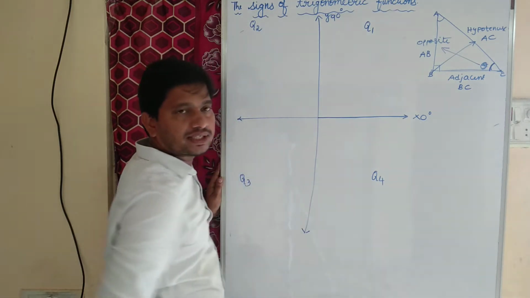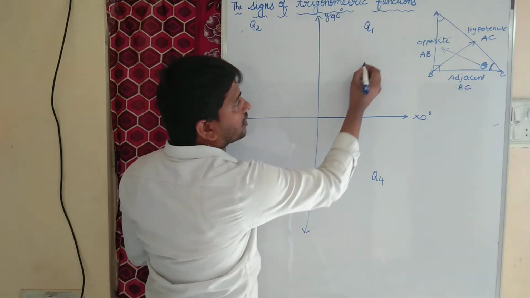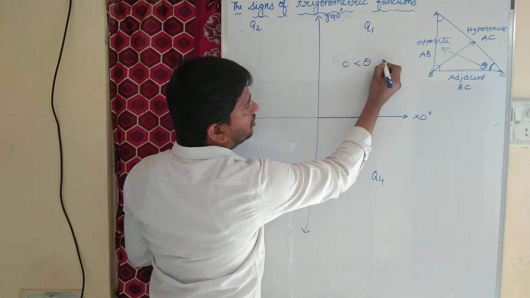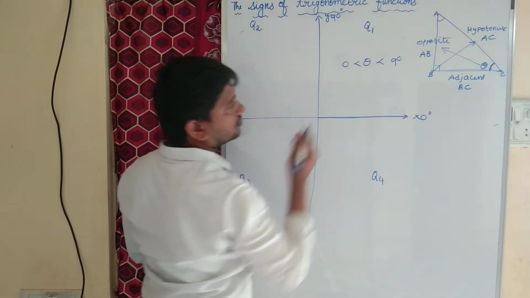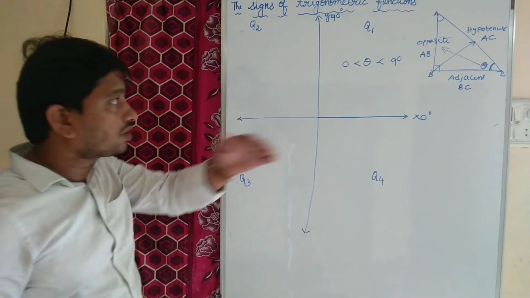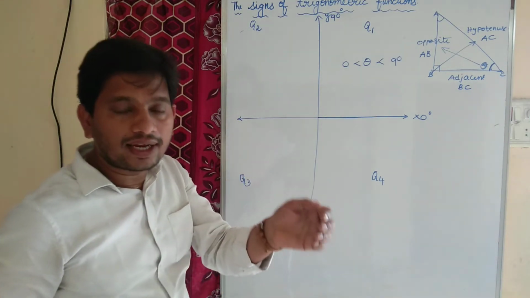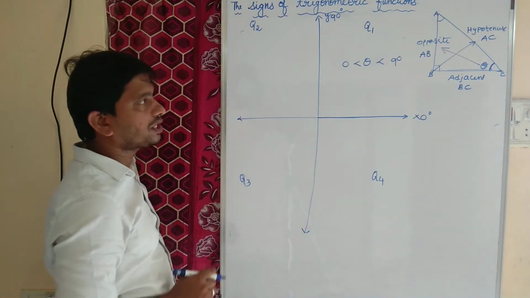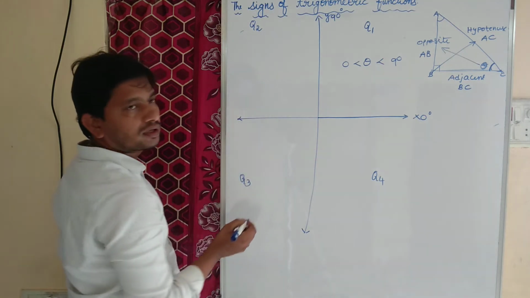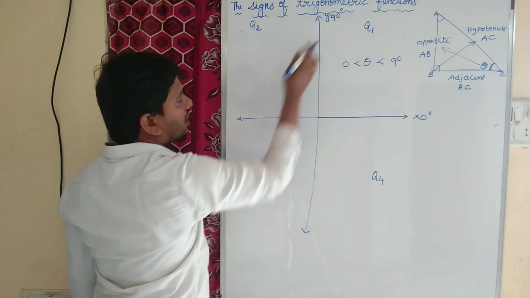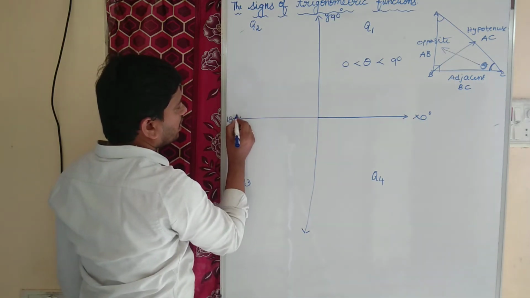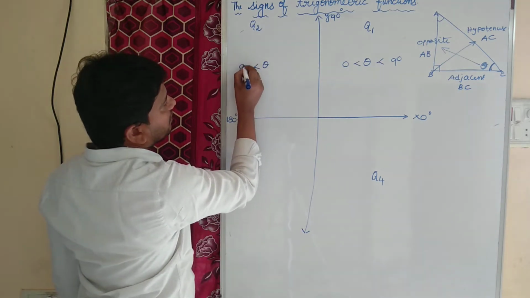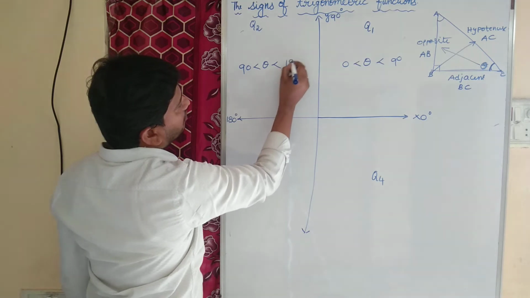So theta, in the sense the angle, lies between 0 and 90. Now coming to the second coordinate, theta lies between 90 degrees and 180 degrees.